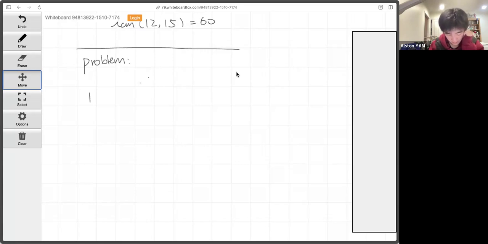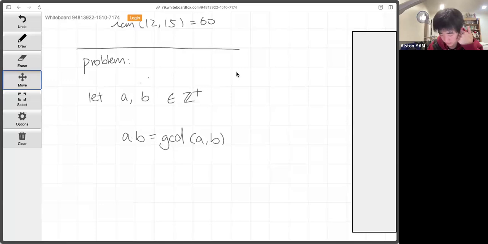So let A and B be positive integers. I will claim, or I'll try to get you guys to prove, that A times B will be equal to its GCD times its LCM.